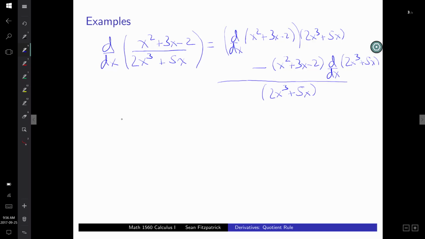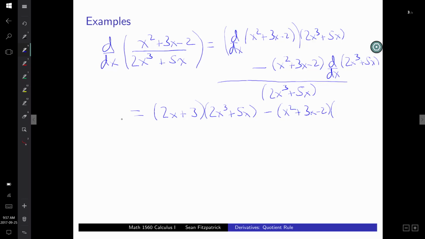Okay. So once we take our derivatives, the derivative of the top, we get 2x for the derivative of x squared, 3 for the derivative of 3x, and of course the derivative of that minus 2 is 0. It's a constant. Then times 2x cubed plus 5x, minus x squared plus 3x minus 2 times the derivative of the bottom.